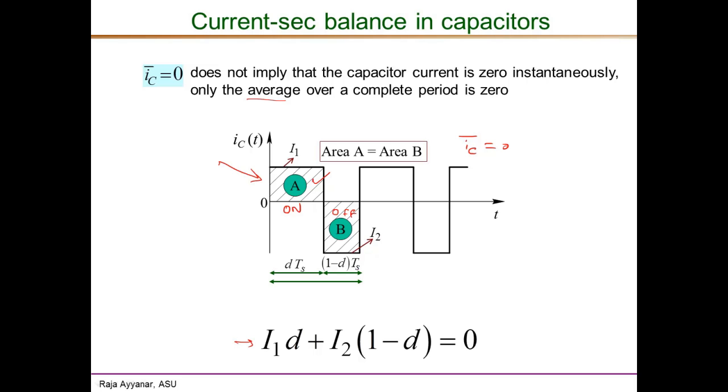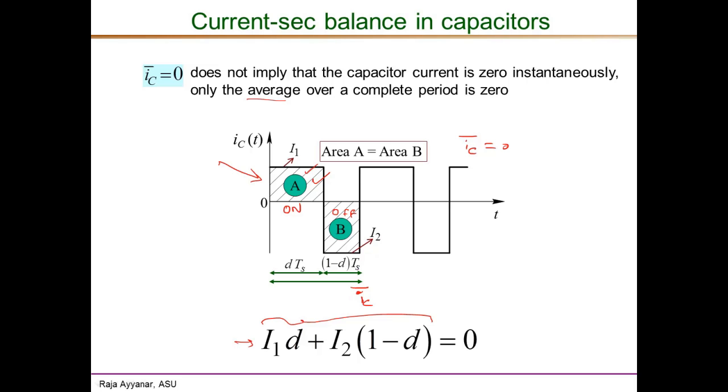It may not be the case in all waveforms, but given this waveform, the current-second balance equation would be I1, the on-time magnitude, times D, which is dTs over the entire Ts, or the ratio of this duration to the complete switching period, plus the magnitude during the off interval I2 times the ratio of the off duration to the total period, which is 1 minus D. The sum of these two is nothing but the average value IC bar, and that by the current-second balance in DC steady state is equal to 0.